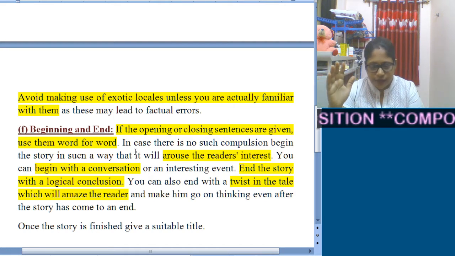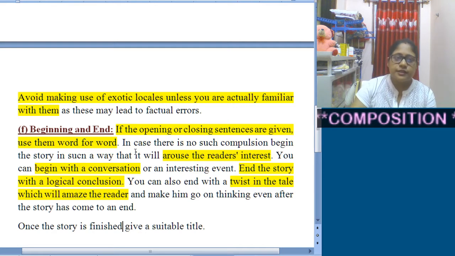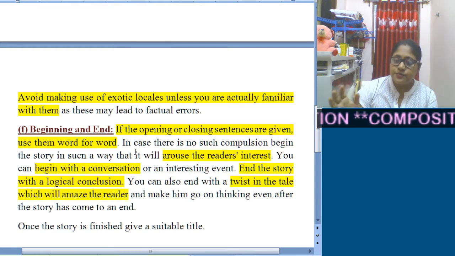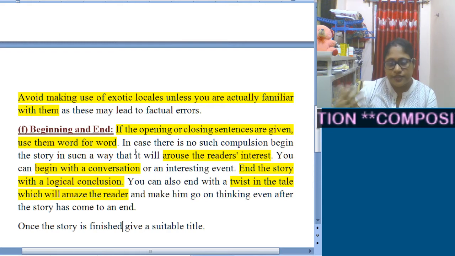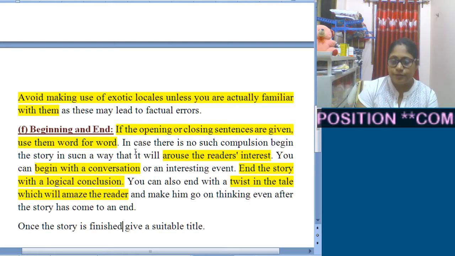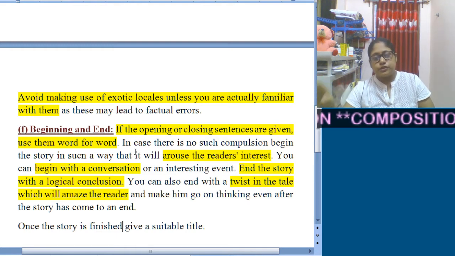There is a very nice saying regarding short stories: a good short story is one where, when you have completed reading or writing it, the reader feels that though it's the end of the story, the feeling remains unending, and the person keeps thinking that though it's the end of the story, it doesn't feel like the end. This type of feeling should be there in a very nice piece of short story.